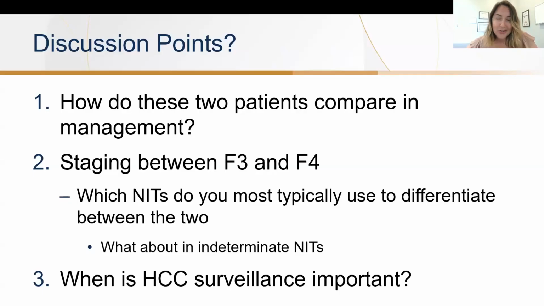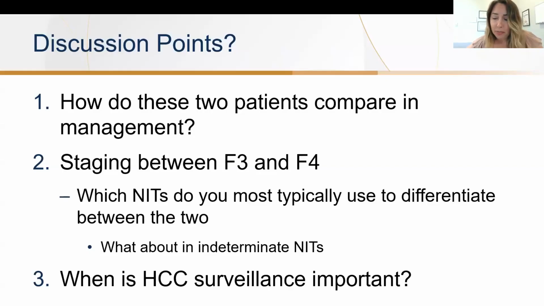And so I use that in combination with all of the other things, the ELF test, the platelet count, imaging that's showing either smooth contour or nodular contour, splenomegaly or not. And then really thrombocytopenia is one of the most important non-invasive data points for me that helps me differentiate between someone with cirrhosis.